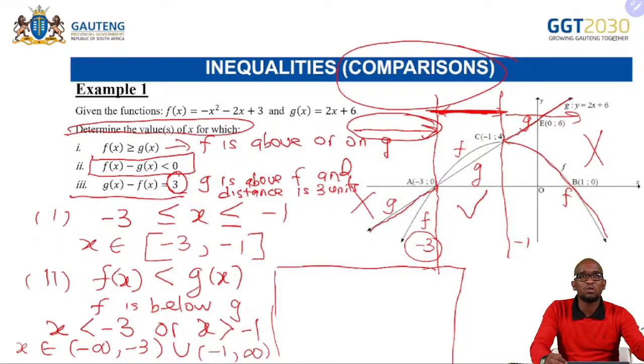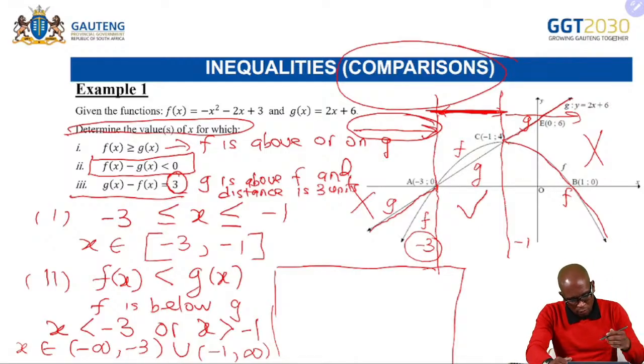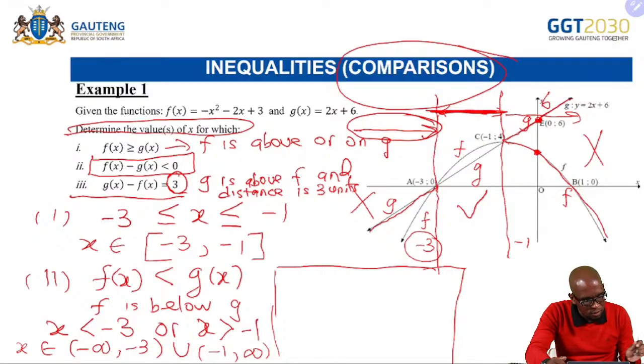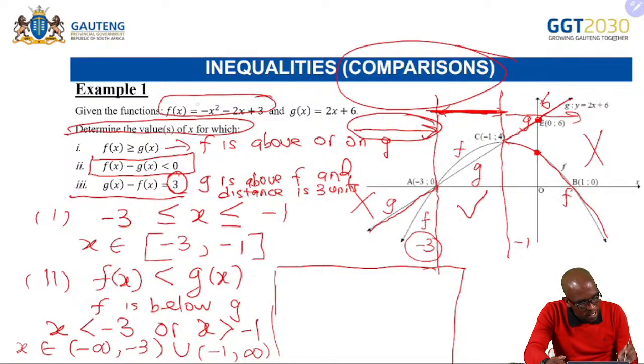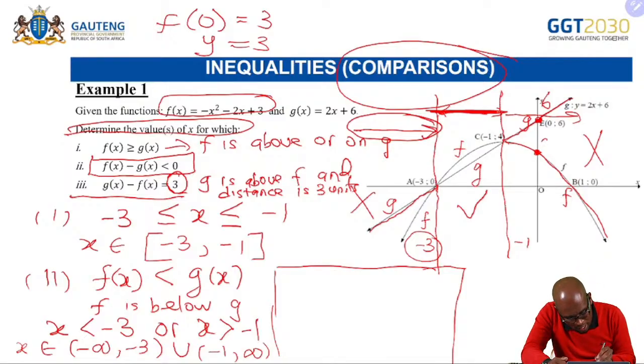So we have to look at where g is above, f is below, and the distance between them is 3 units. Now, if we go to this graph and check the y-intercept of the straight line, the y-intercept of the straight line is given by 6. And check the y-intercept of the parabola, from the given equation, if you put x equal to 0, you would get that f of 0 is equal to 3, which means the y-intercept of this particular parabola would be 3. So this value here is 3.